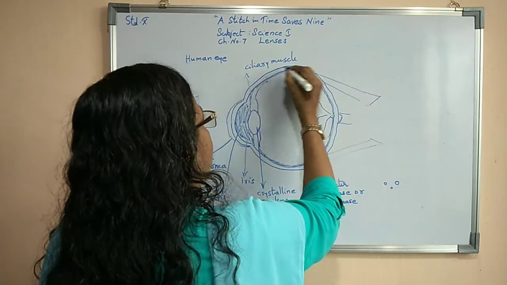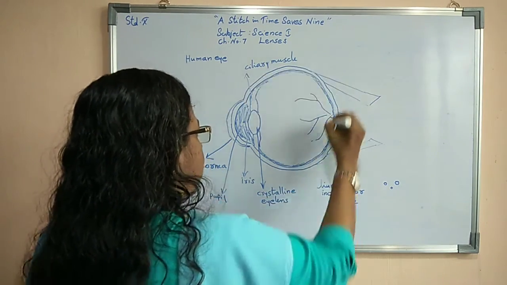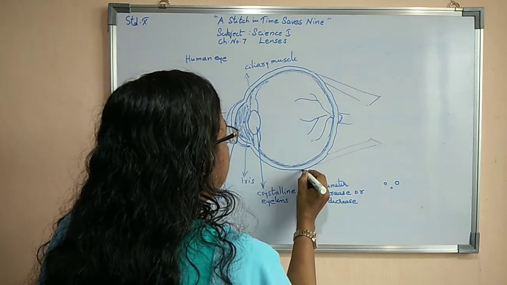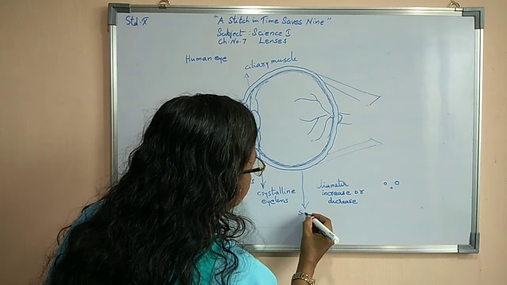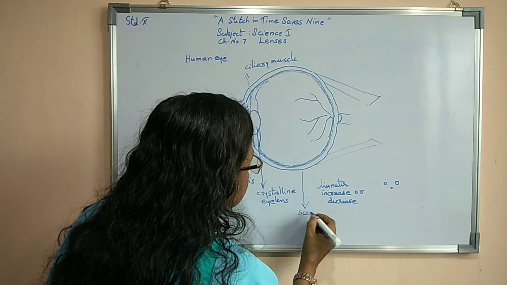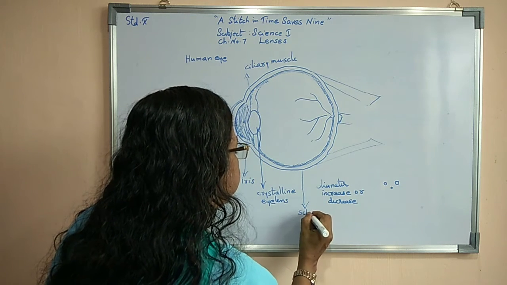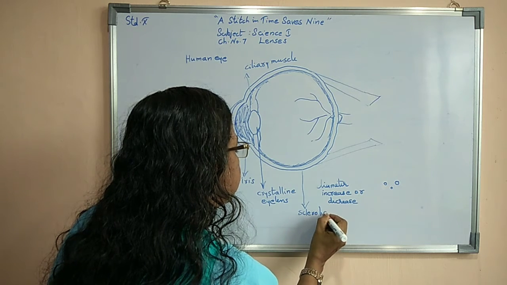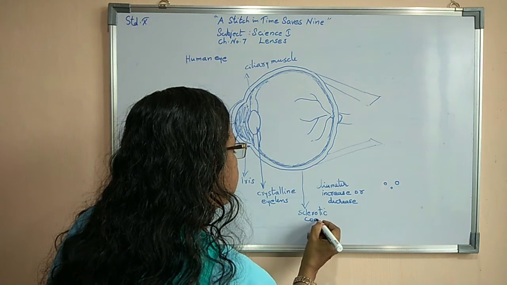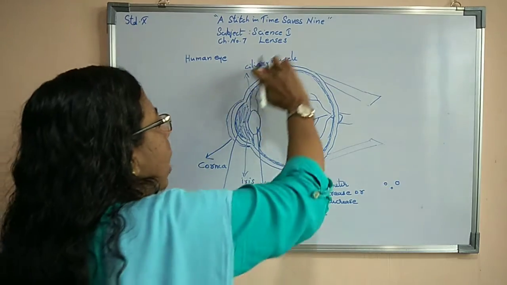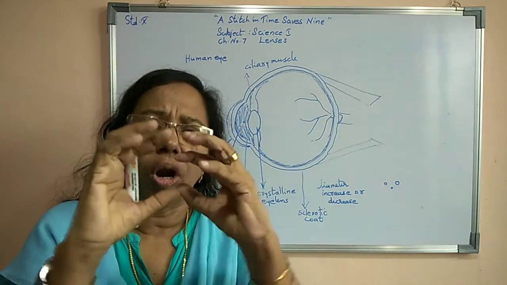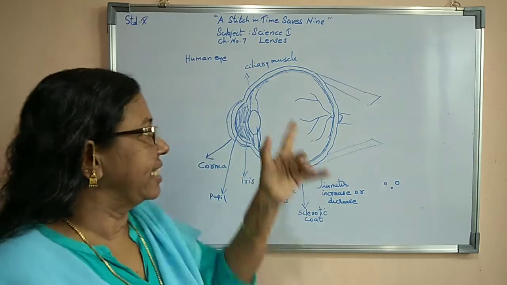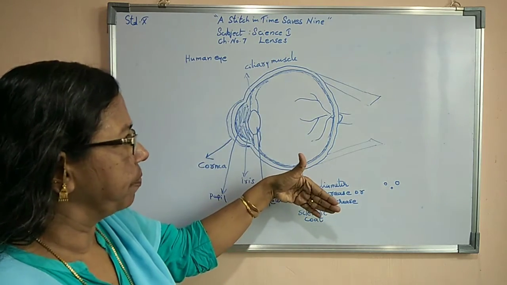Now this outer coat of the eyeball is known as the sclerotic coat. The eye itself is like a ball, and only one section is shown over here.